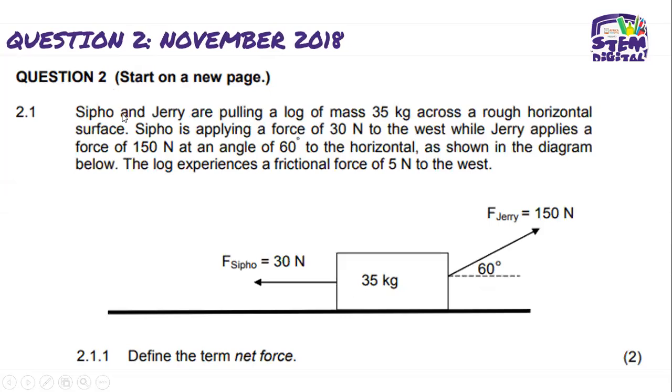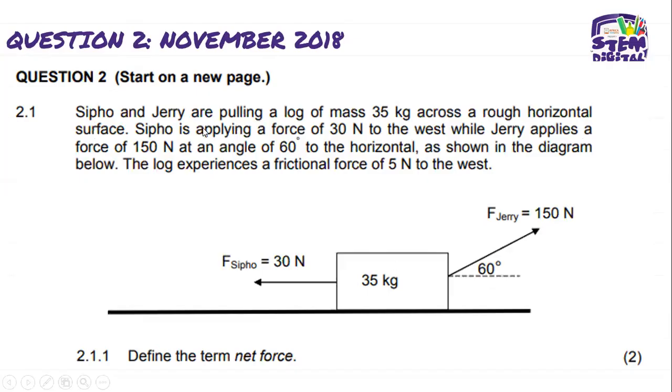Now here we have Sipho and Jerry, and they are pulling a log of mass 35 kilograms across a rough horizontal surface. Immediately when they say rough, we underline that, and we know that rough means that there is a frictional force that is acting on the log.